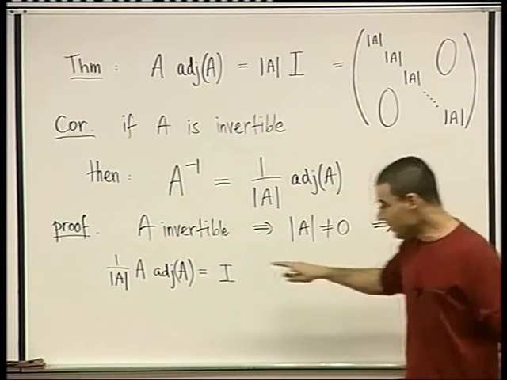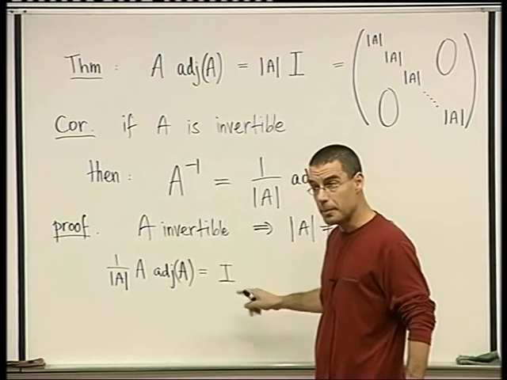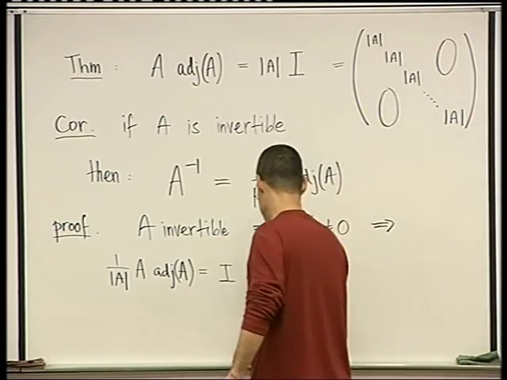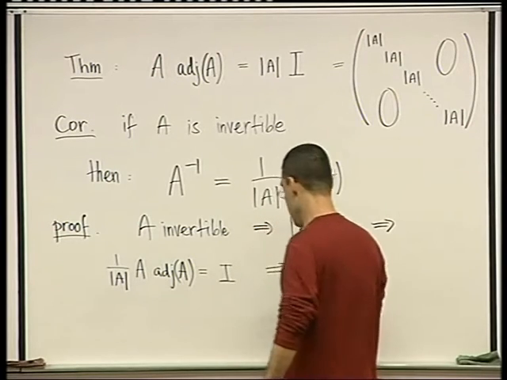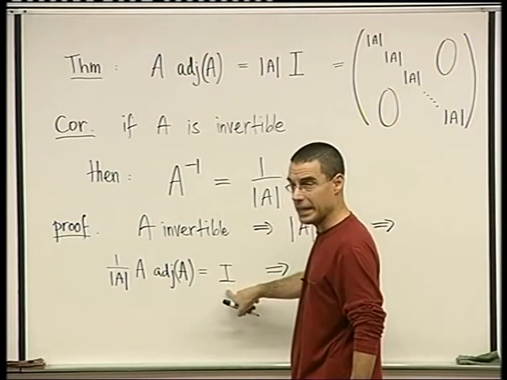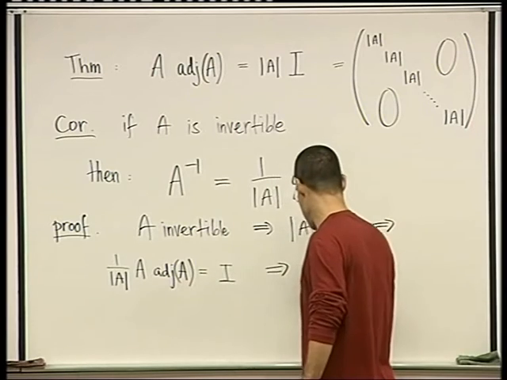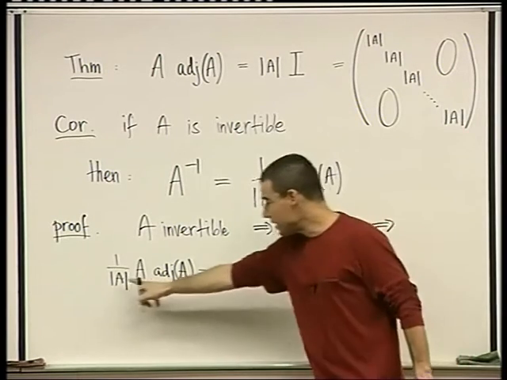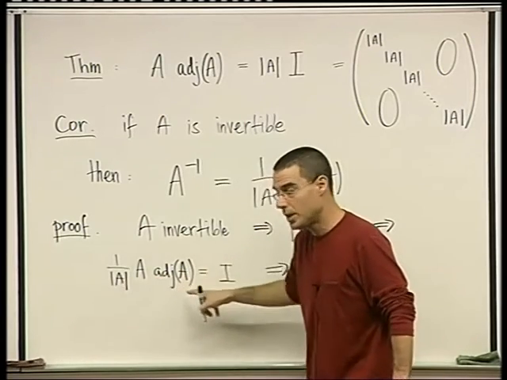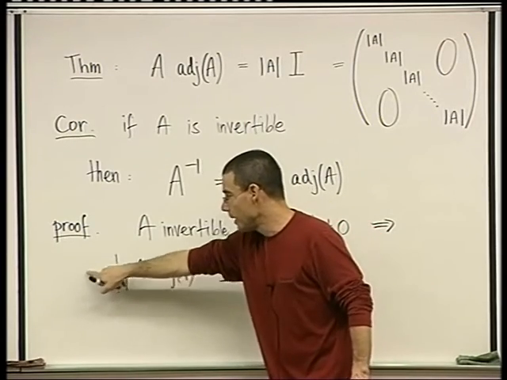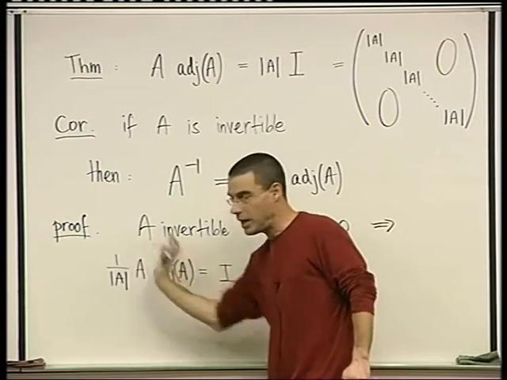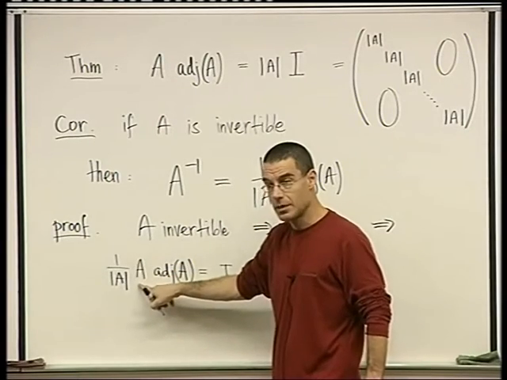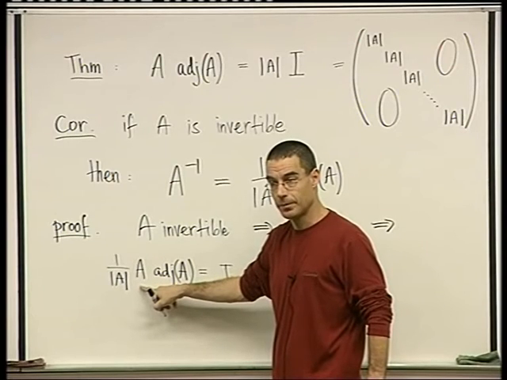And now we can multiply both sides by A inverse, which exists because A is invertible. If I multiply here by A inverse, I just get A inverse. And if I multiply this side by A inverse, this is a scalar, so I can move it out, and I get A inverse times A. What is A inverse times A?